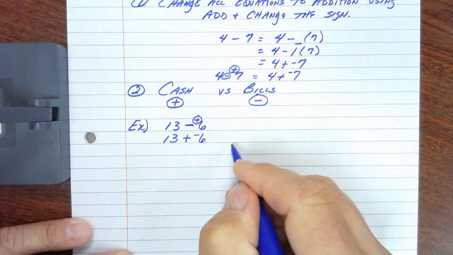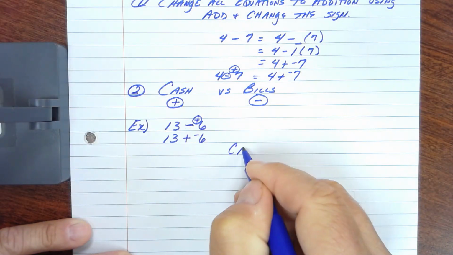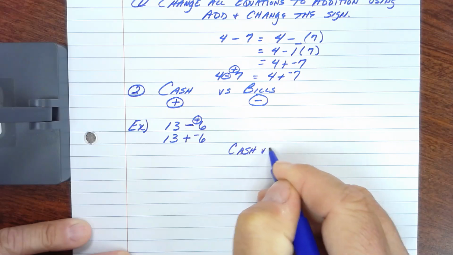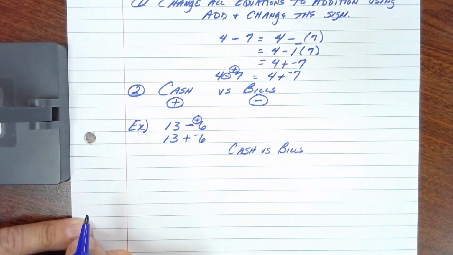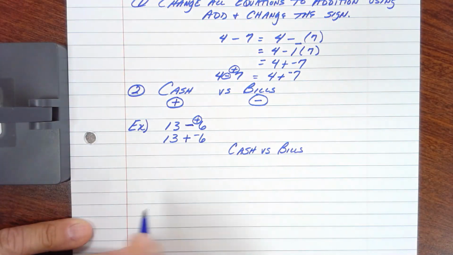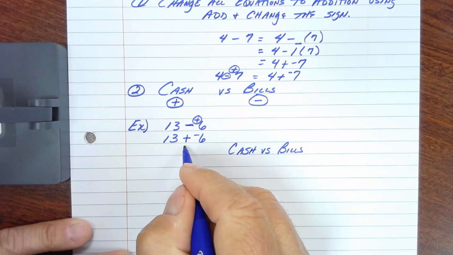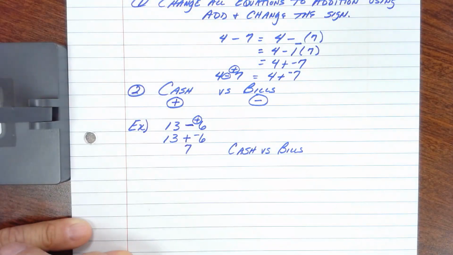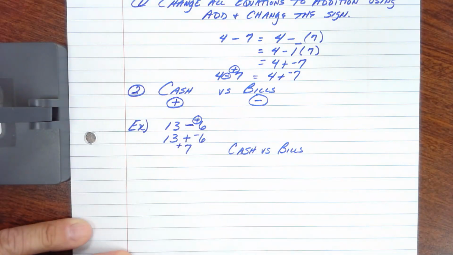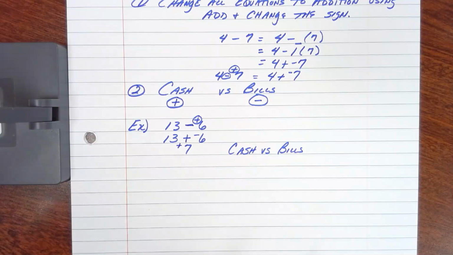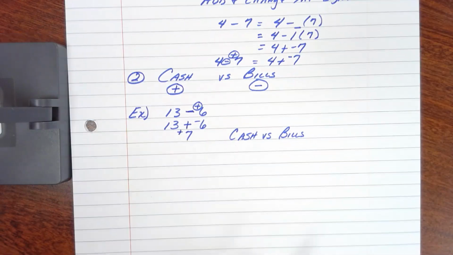And then you're going to ask yourself, cash versus bills. What do you have more of here? Cash or bills? Cash. How much more cash you got? 7. And this is the part you're going to have to be able to compute without the use of a calculator. You're going to have to be able to add and subtract.